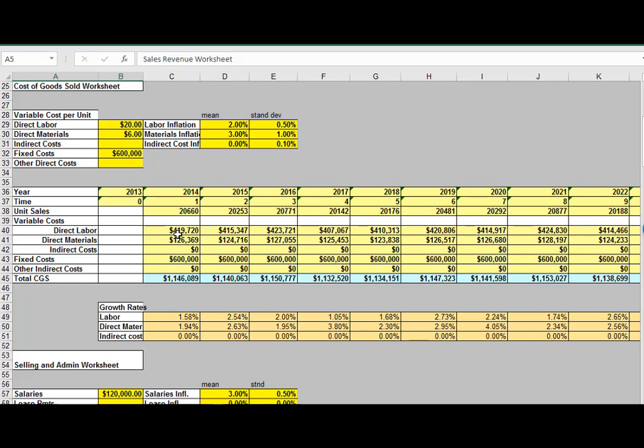We know what that is. Again, it's a formula based on the growth rates up above. Direct materials, there's no indirect costs here. The fixed costs we know are fixed. So our total cost of goods sold going across the board is this bottom line here.